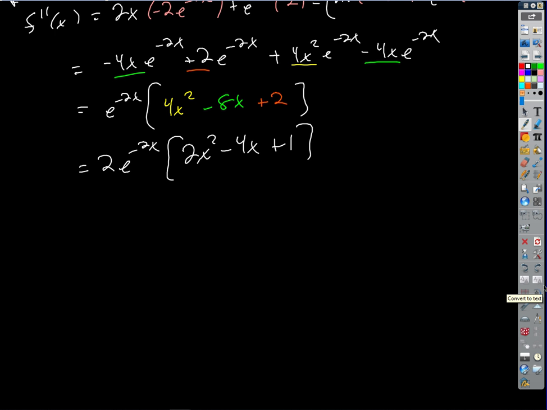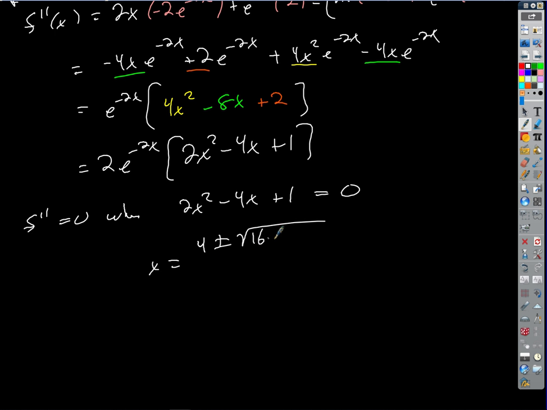This one does, though. So we know that f double prime equals 0 when 2x squared minus 4x plus 1 equals 0, which is going to be, by the quadratic formula, when x equals 4 plus or minus the square root of 16 minus 8, all over 4.